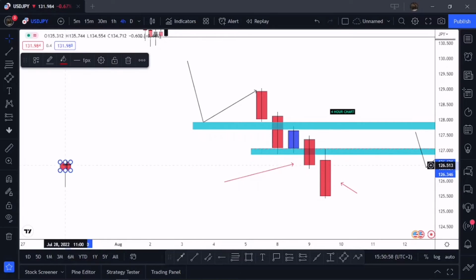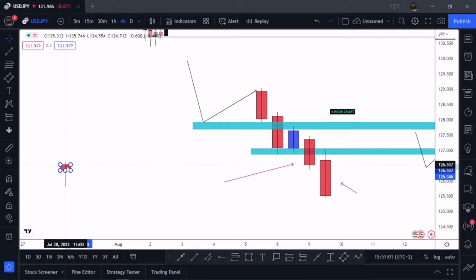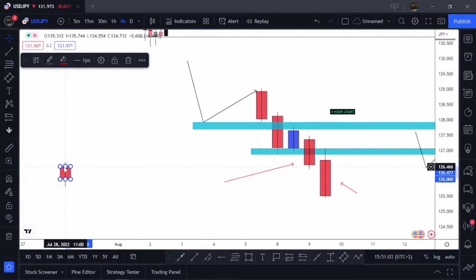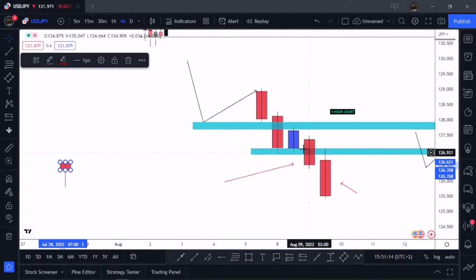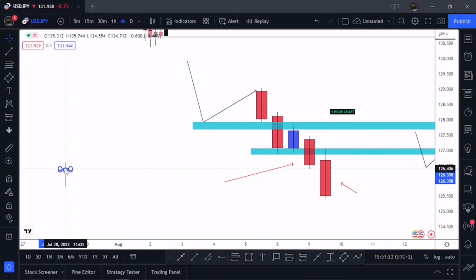But I'm trying to illustrate why we have this wick there. Let's say we have a candlestick open right here. The candlestick will start pushing bullish first and fill this wick right here, which is a lower time frame retest, like the 5 minute and stuff like that. And then it starts to push bearish, leaving that wick behind, and fills the bearish body candle.